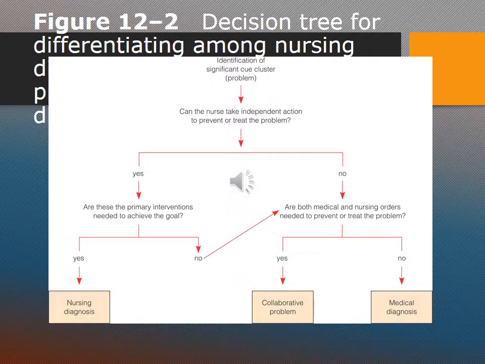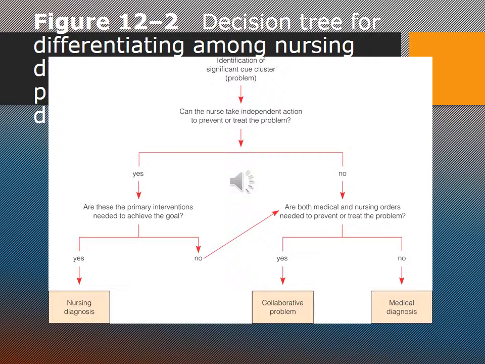Okay, this slide is figure 12.2, and this is simply a type of map to guide you in the process. The first thing you're going to do is identify a significant cue cluster, or problem. The next question you ask yourself is, can the nurse take independent action to prevent or treat the problem?